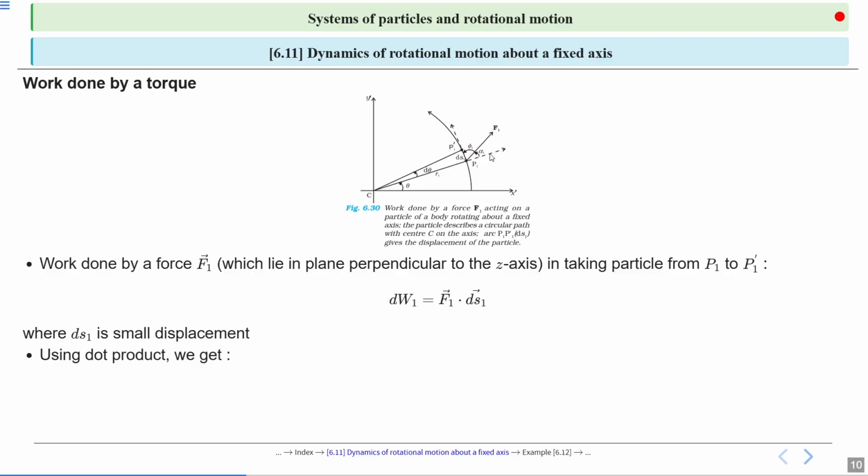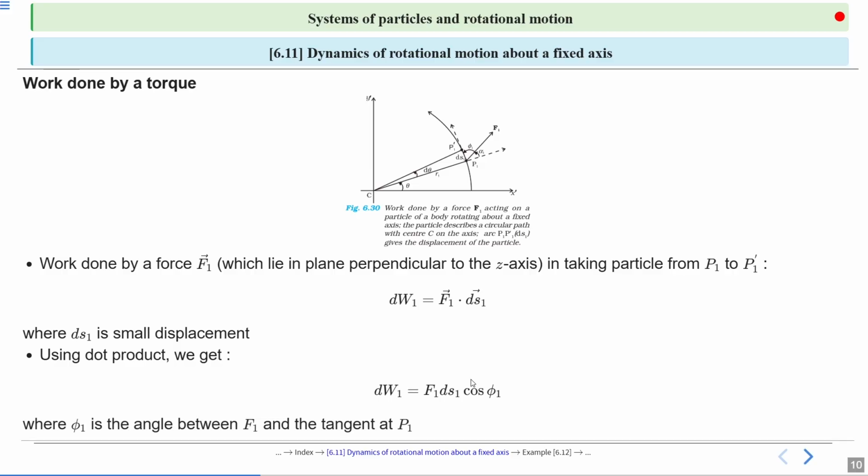So using the dot product, we get dw1 is equal to F1 ds1 cos phi 1. You know, phi 1 is the angle between force and displacement. So when we solve this dot product, the answer is F1 ds1 cos phi 1. All right.